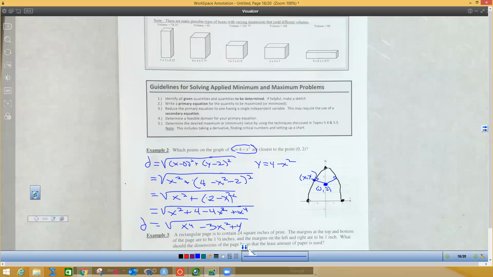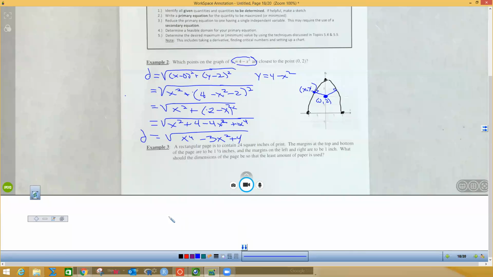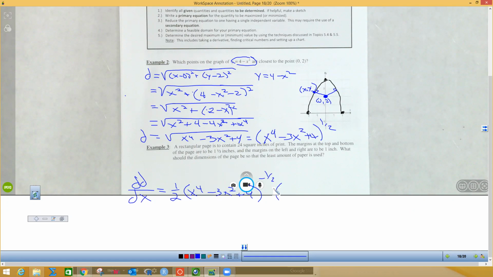Okay, so I want to do the derivative of this thing. So I'm going to come down here and do derivative of d with respect to x. And I need to think of this thing as being x to the 4th minus 3x squared plus 4 to the 1/2 power. So I'm going to do chain rule. So I'm going to take a half in front, leave the inside the same, and subtract 1 from the power, and then go inside here and do the derivative.